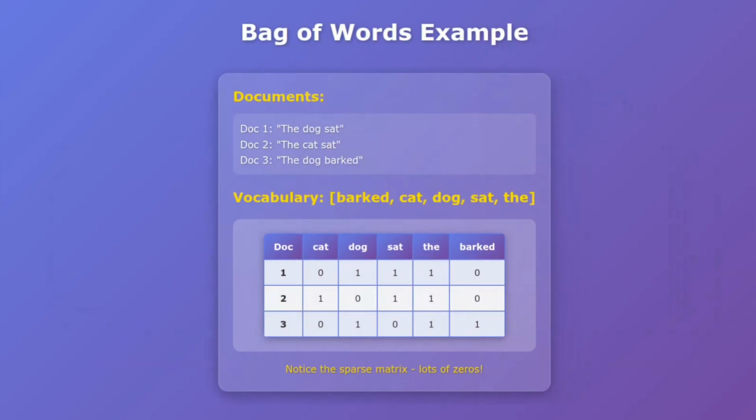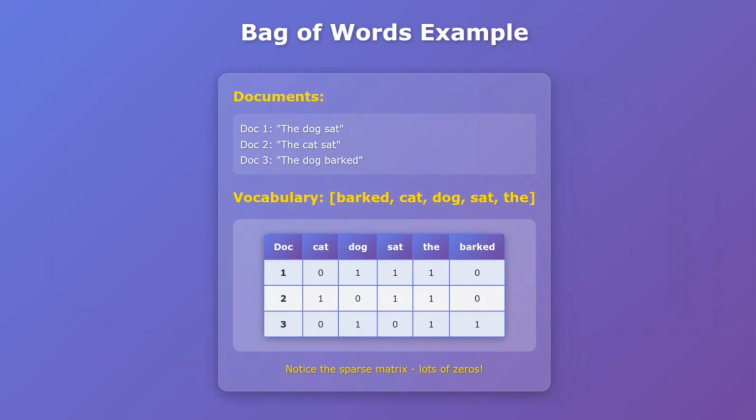Here's a simple example with three sentences about pets. We have the dog sat, the cat sat, and the dog barked. After pre-processing and building our vocabulary, we get these 5 unique words: barked, cat, dog, sat, and the. Now look at this matrix. Each row is one of our documents, and each column represents a word from our vocabulary.